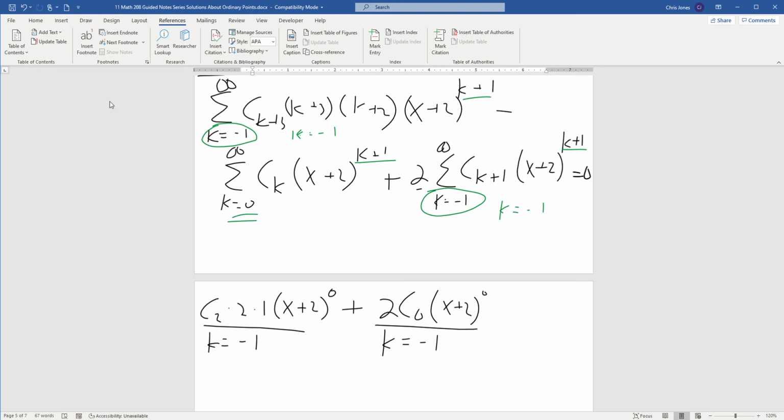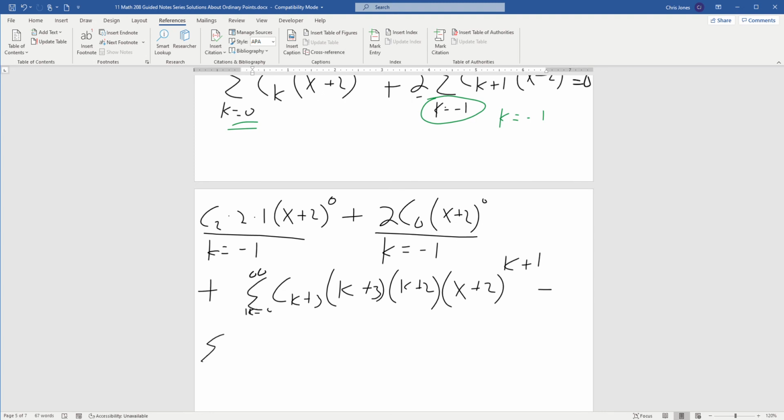So we're going to have plus the series k equals 0 to infinity, c sub k plus 3, k plus 3, k plus 2, (x plus 2) to the k plus 1, minus the series k equals 0 to infinity, c sub k, (x plus 2) to the k plus 1, and then finally plus 2 times the series k equals 0 to infinity, c sub k plus 1, (x plus 2) to the k plus 1. And all that equals 0.